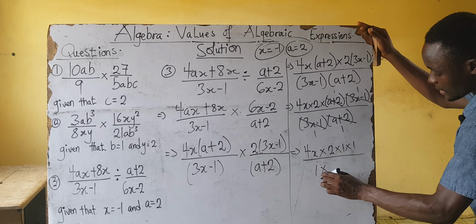Are we clear? Okay, so here we are going to multiply 4 by negative 1. So 4 by negative 1, I'm going to get negative 4 multiplying 2 all over 1. So continue with here. I have negative 4 times 2 gives me what? Negative 8 all over 1. And this is the same as negative 8. Are you clear with that?